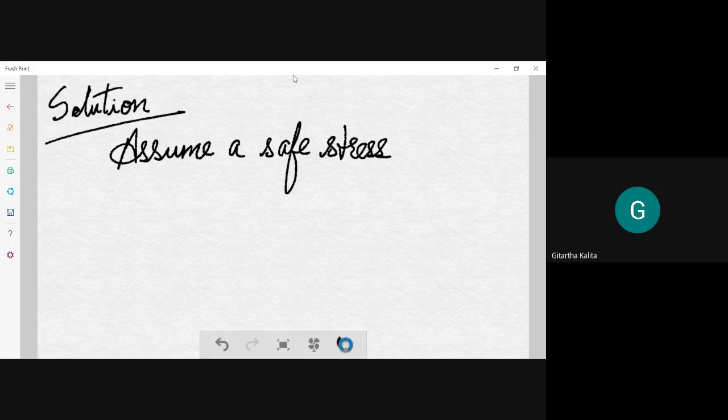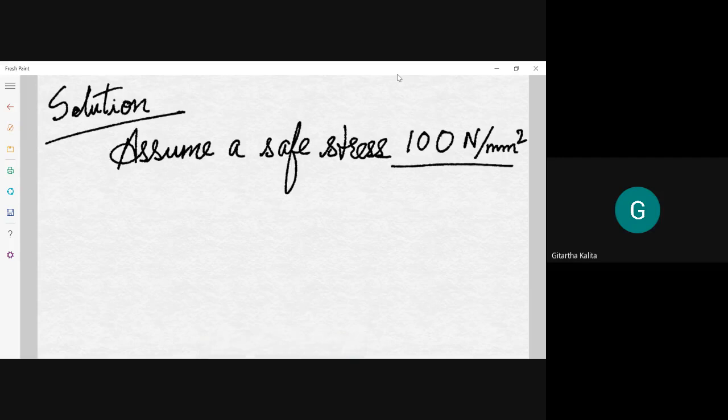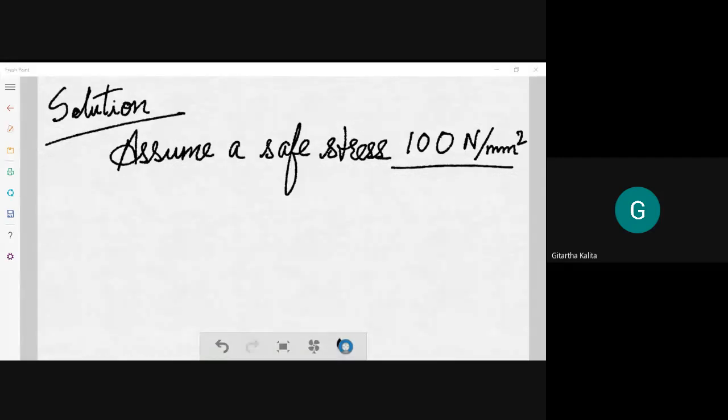So in columns, we start with an assumption. Let us assume a safe stress of suppose 100 Newton per mm square. That means the stress that the column can take is 100 Newton per mm square.